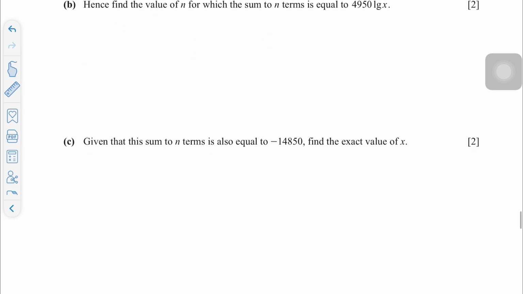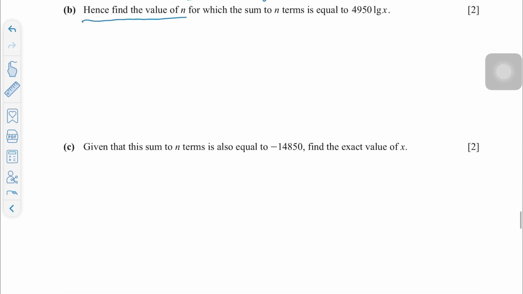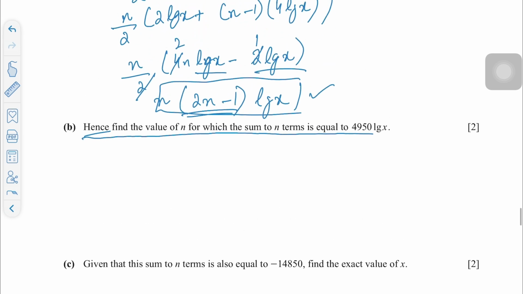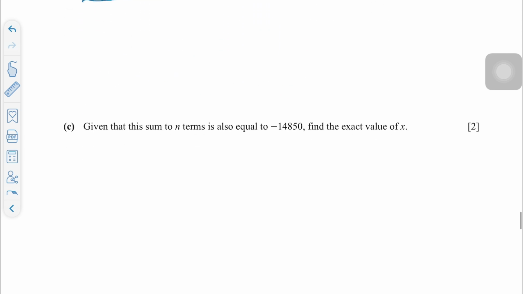Now moving on, we have our part B as hence find the value of n for which the sum to n terms is equal to 4950 lgx. So let's just use this value over here. So this would be 4950 lgx equals n(2n minus 1) lgx.